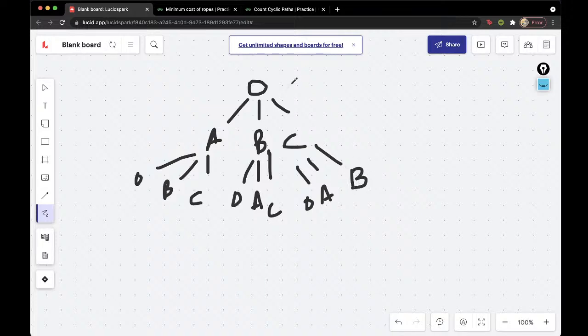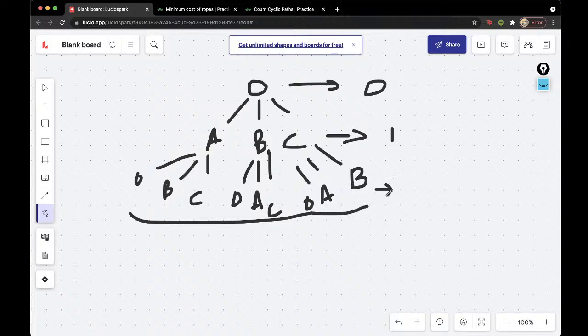This is after taking 0 steps, these 3 are after taking 1 step, and these are after taking 2 steps.